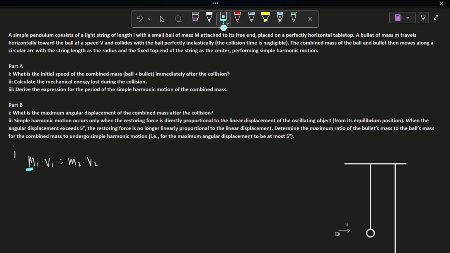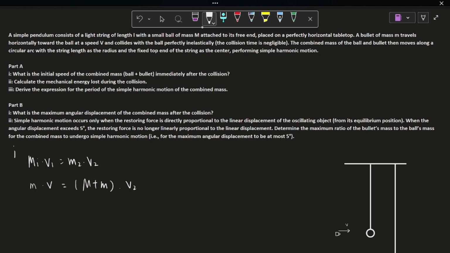What's m1? The m1 must be the one that provides the momentum to the entire system after the collision. So it must be the mass of the bullet, which is the lowercase m, times v, obviously the speed of the bullet, is equal to, after the collision, the bullet and the ball collide together, which forms a bigger mass, which is capital M plus lowercase m, times v2.